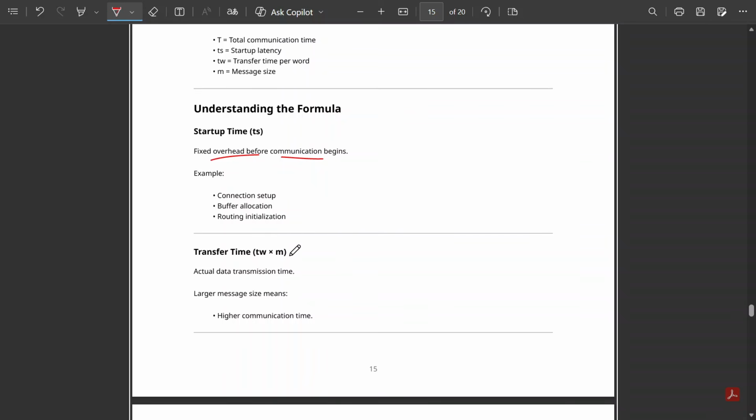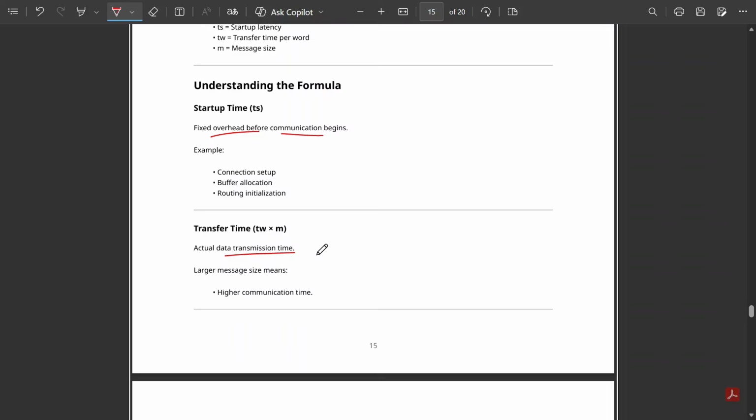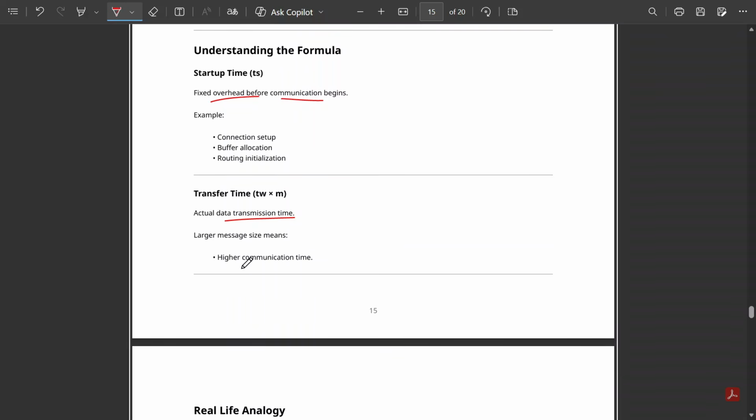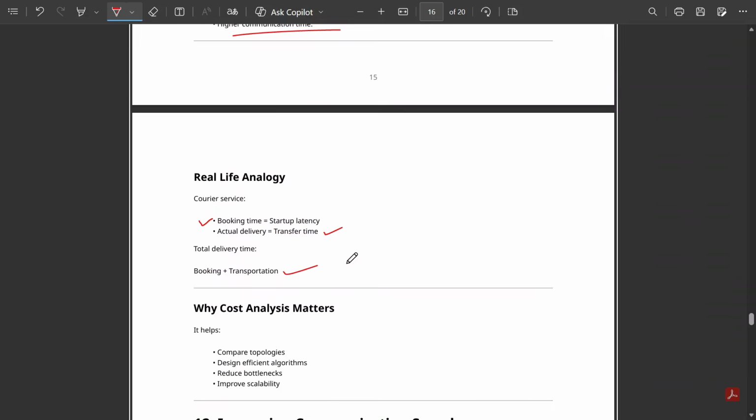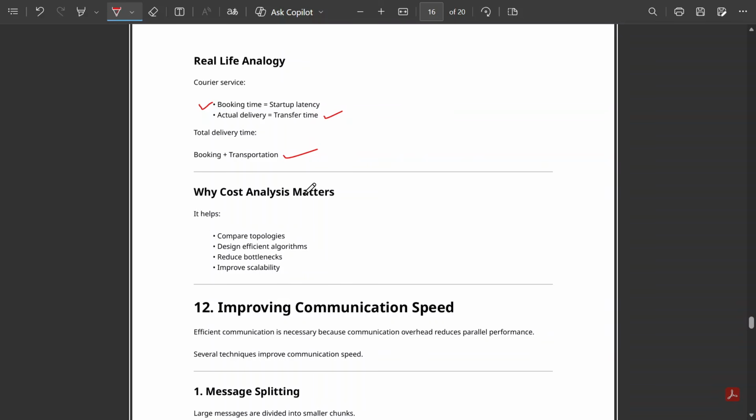Next we have the transfer time, TW multiplied by M, where the actual data transmission takes place, and a large message means high communication time. Cost analysis matters so as to compare topologies, design efficient algorithms for the future, reduce bottlenecks and improve scalability.